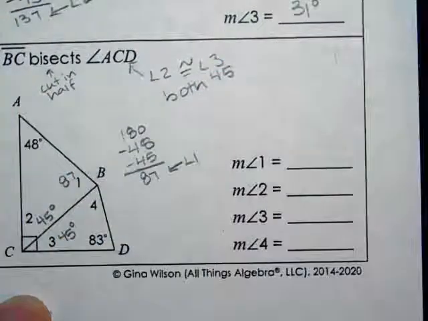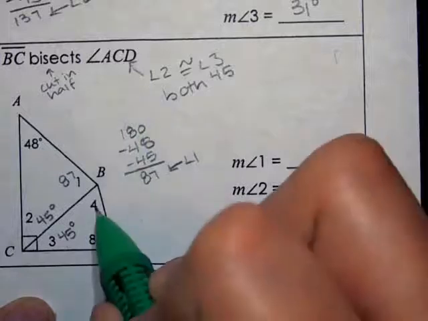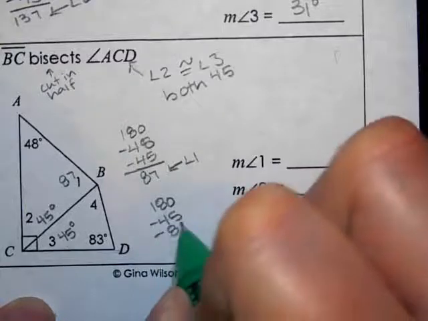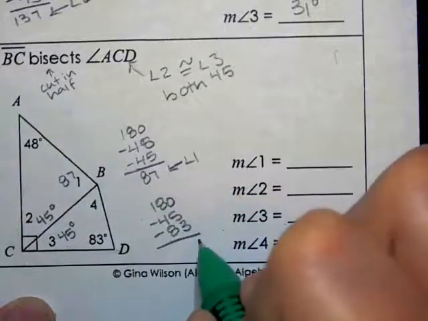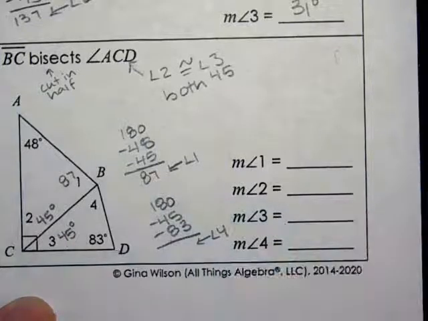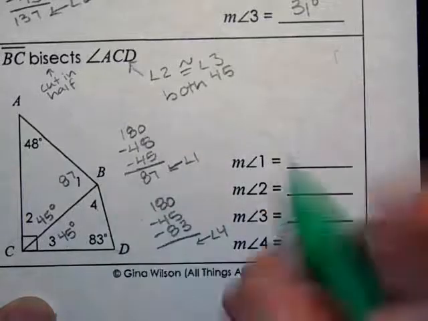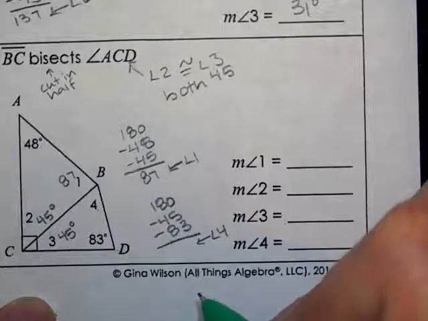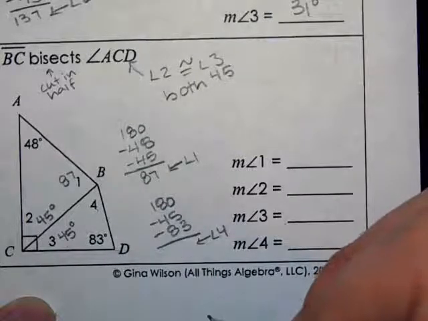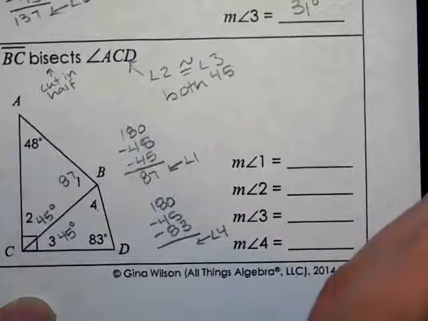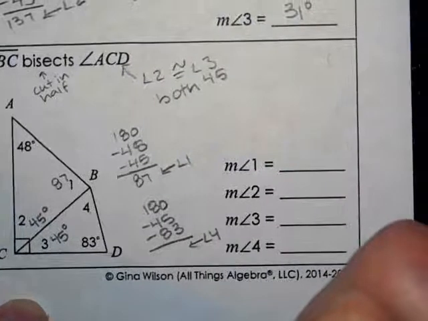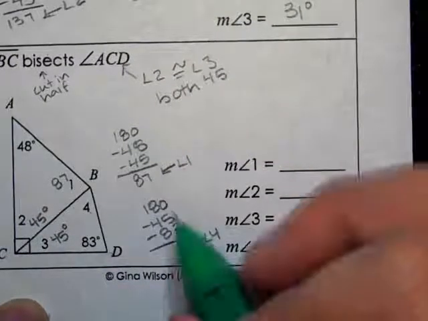Okay. And then we can find angle 4. So 180 minus 45 minus 83. What's angle 4? Anybody? What's angle 4? 52.